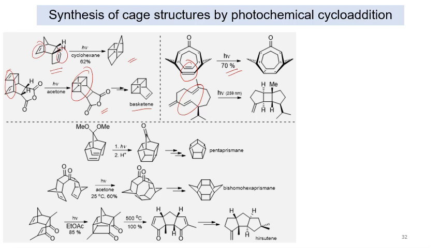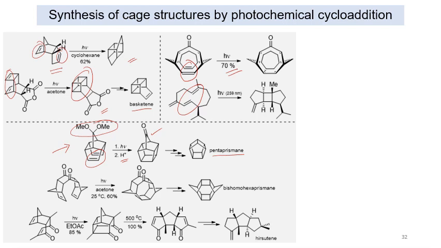In the next example, you can see here this acetal reacts very well under photochemical conditions to give you a 2+2 cycloaddition followed by protic hydrolysis of this particular ketal to give you the ketone, and this in a variety of steps can be converted to this molecule which is called pentaprismane.